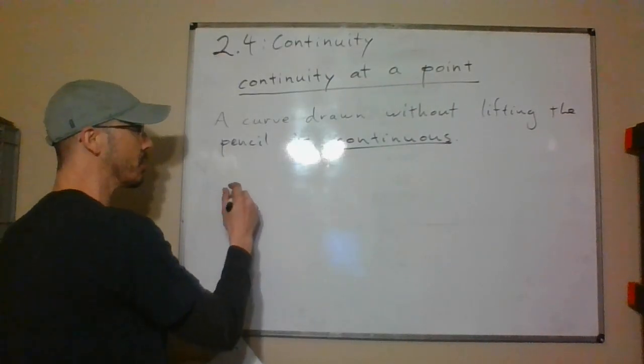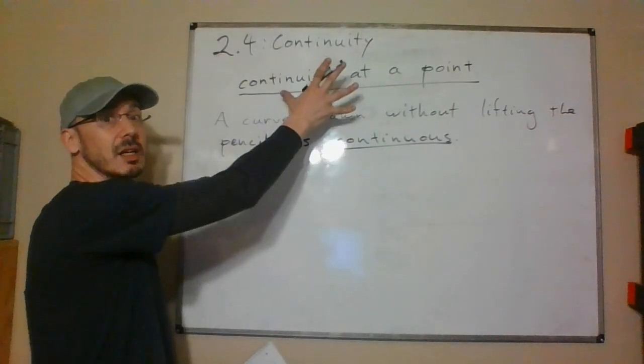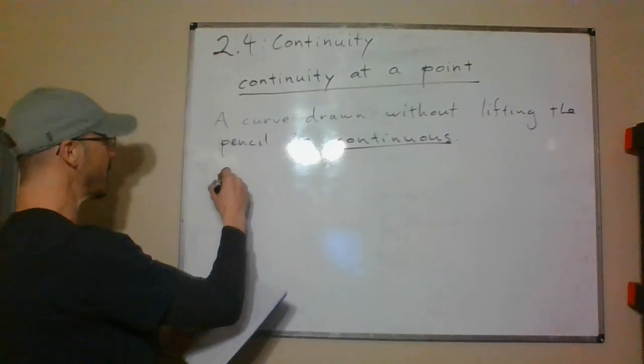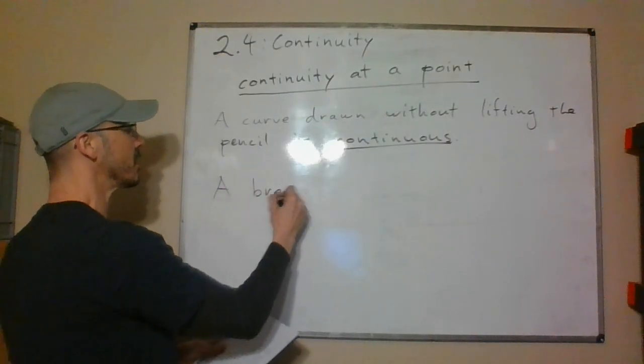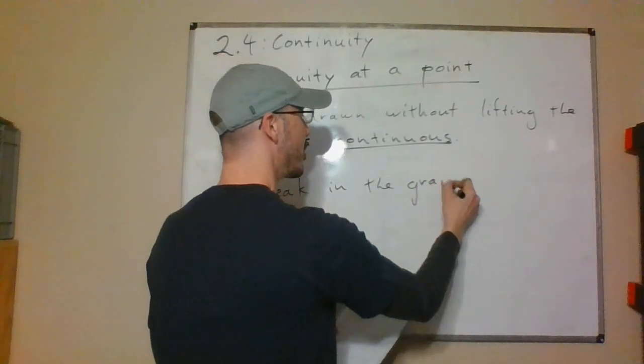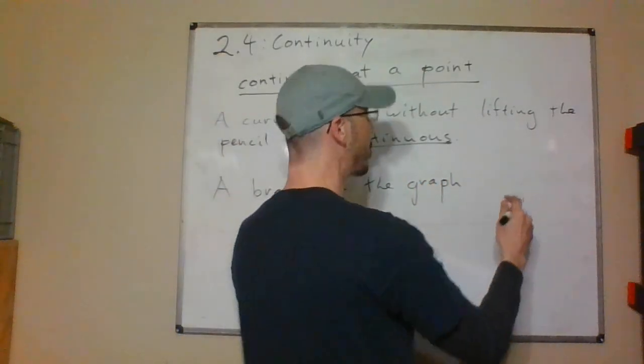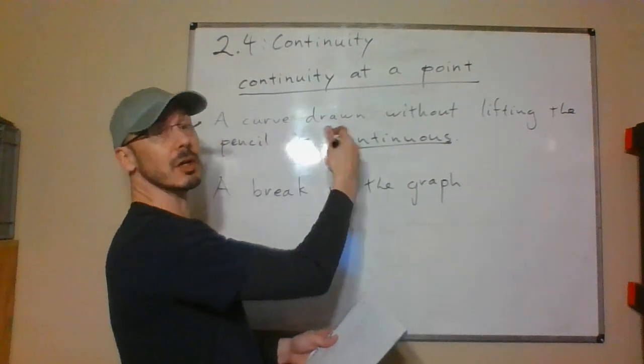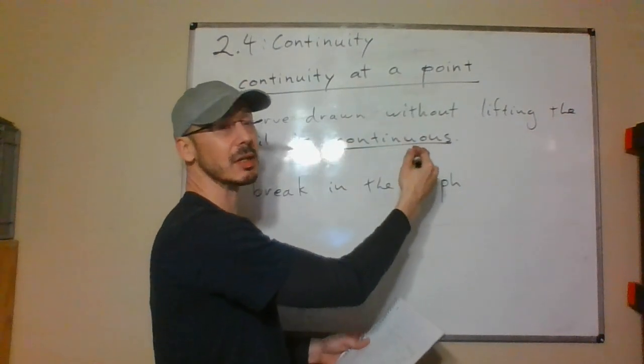So what we're really going to investigate to get a handle on continuity at a point is a break in the graph. A point where, if you were drawing it, you would have to lift the pencil and put it down again.